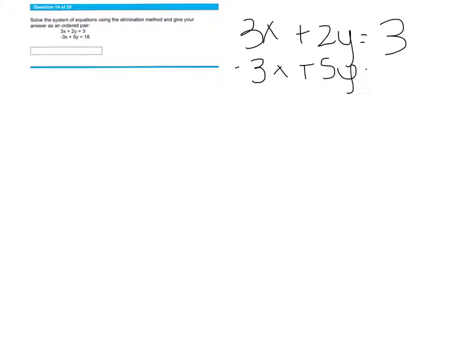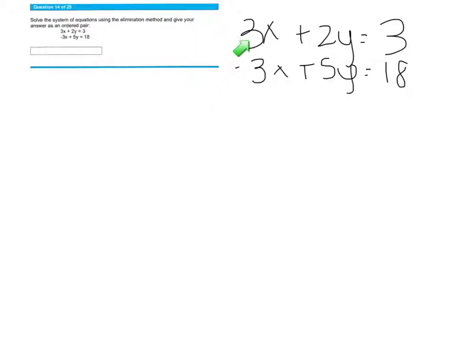Okay, so next problem: 3x plus 2y equals 3, and negative 3x plus 5y equals 18. Since we need opposite coefficients so they cancel out, 2y and 5y don't work, because both are positive.